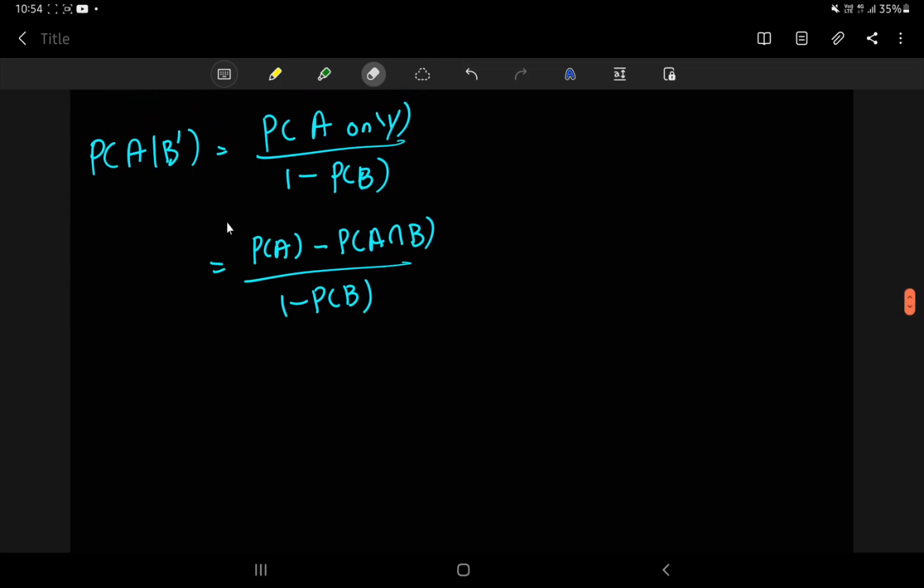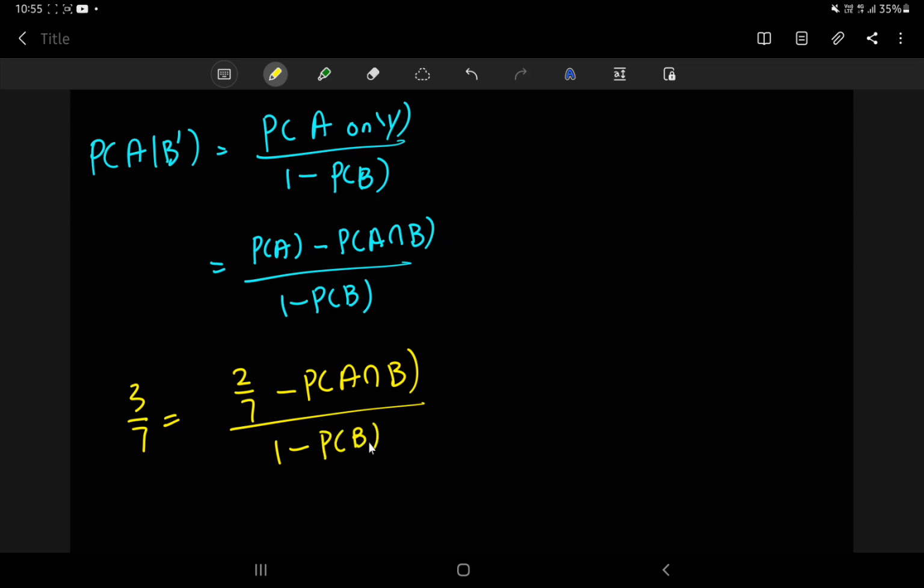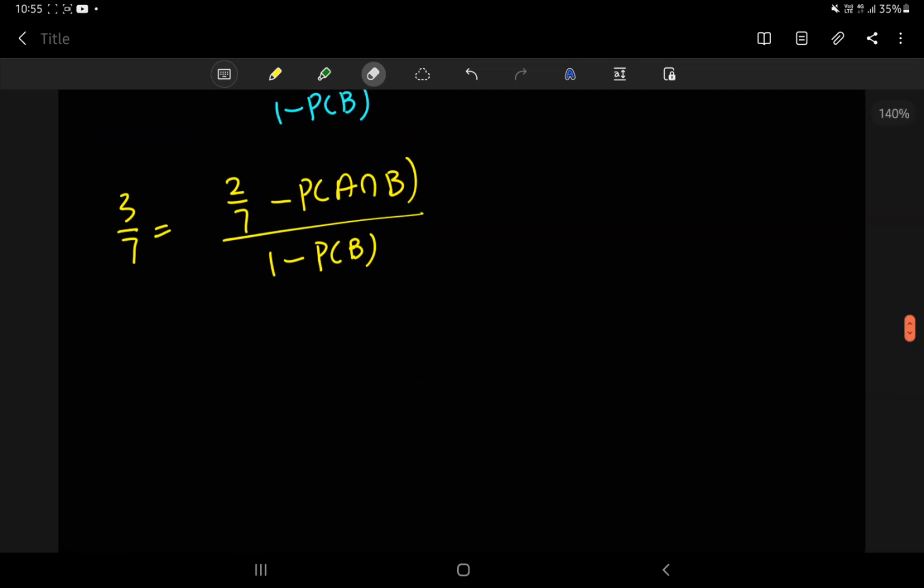Okay, so let's substitute in the values. The probability of A given complement B is 3/7. The probability of A is 2/7 minus the probability of A intersection B, over 1 minus P(B). So this is equation 2. Let's tidy up equation 2 first.